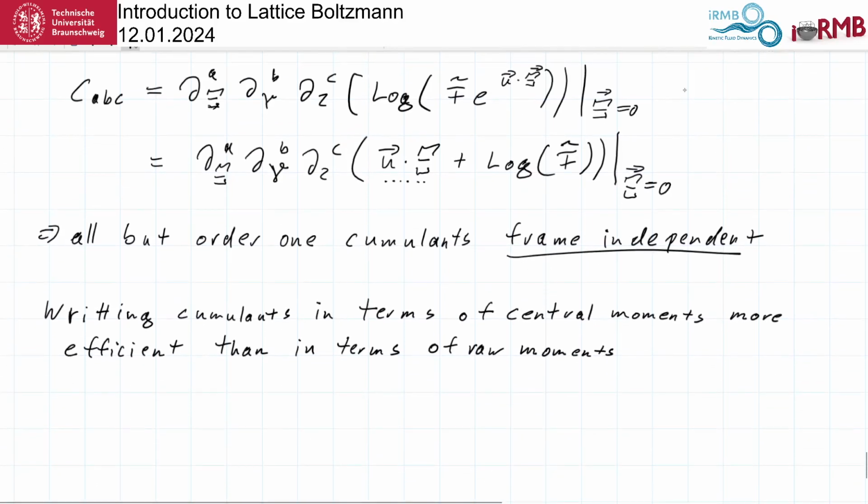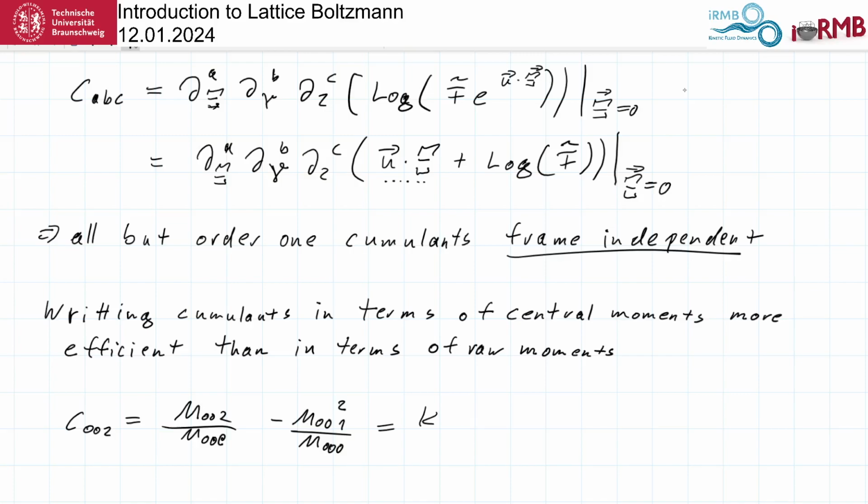The reason is pretty simple. Let's write the cumulant C002 in terms of raw moments. So this will look like this, M200 minus M2. Okay, so this is this moment, and because cumulants are independent of the frame of reference, we can simply use the same equation to write it in terms of central moments.